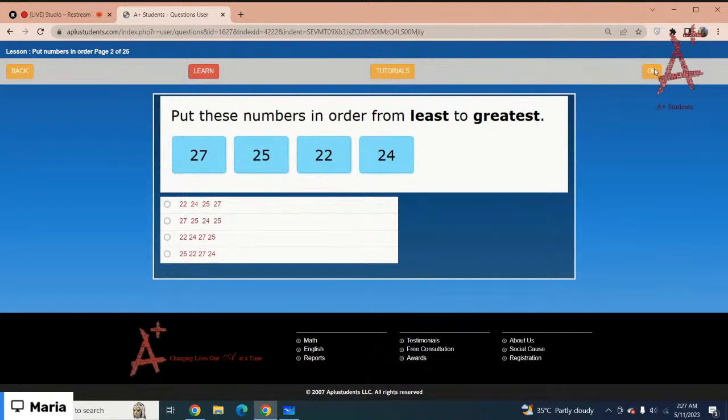Which is the least one? It would be 22, 24, 25, and 27. That would be option number 1.